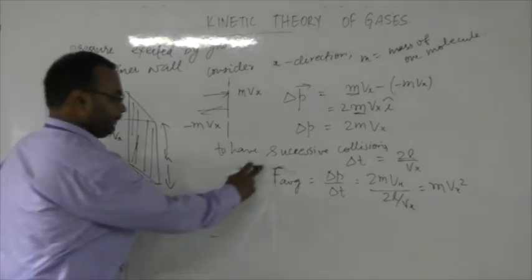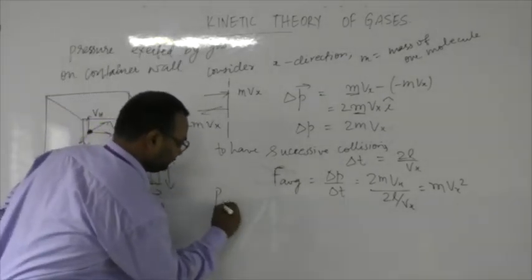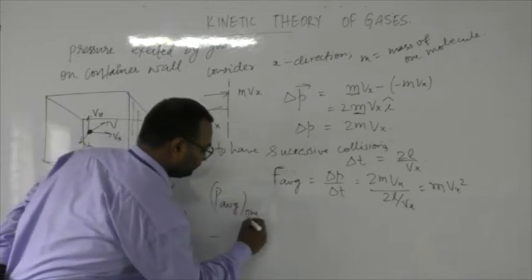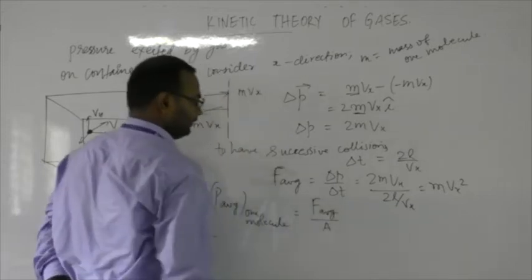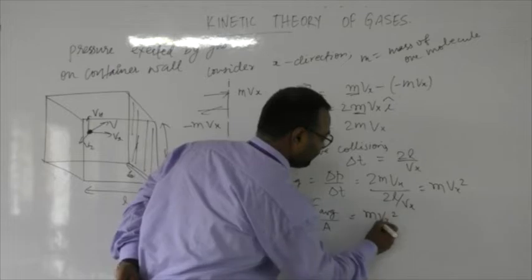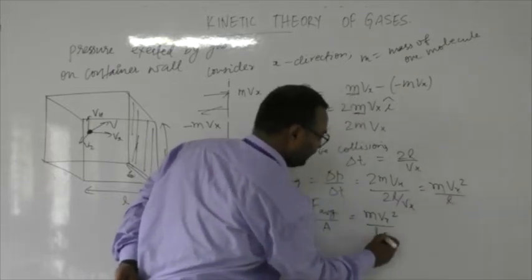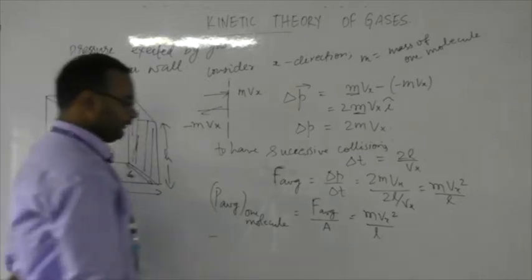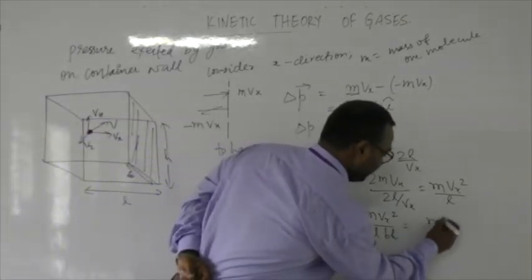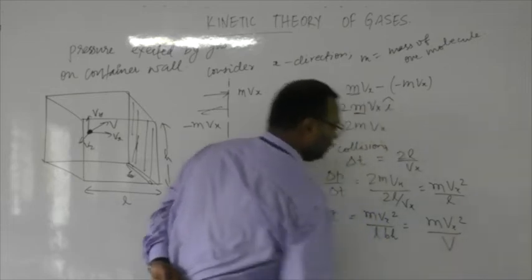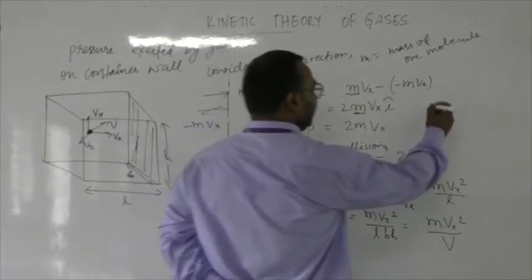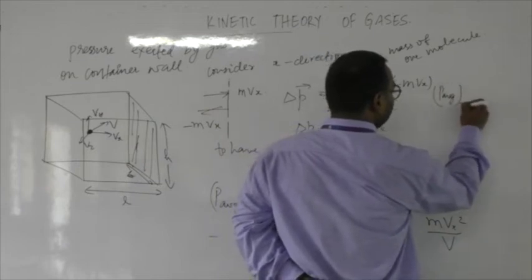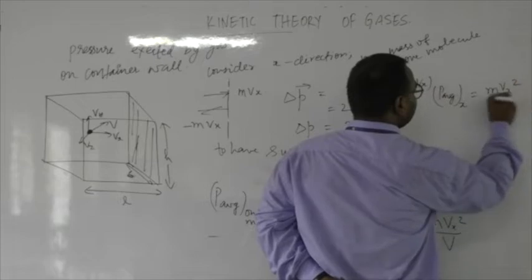Now, to write average pressure because of one molecule, F average is force upon area. Area which is striking is B into H. So this is mVx square upon L B H, where LBH is the volume of the cuboid. That means P average along X is mVx square upon V.